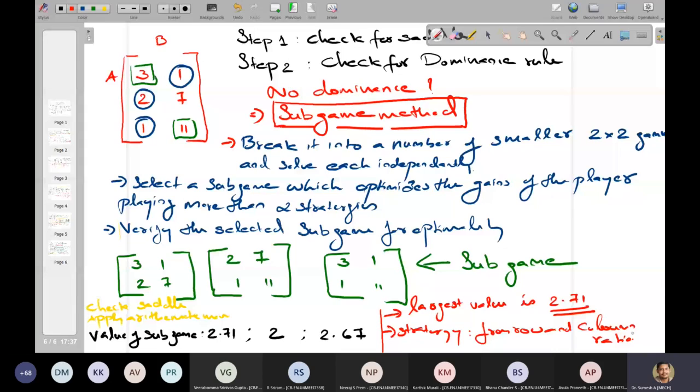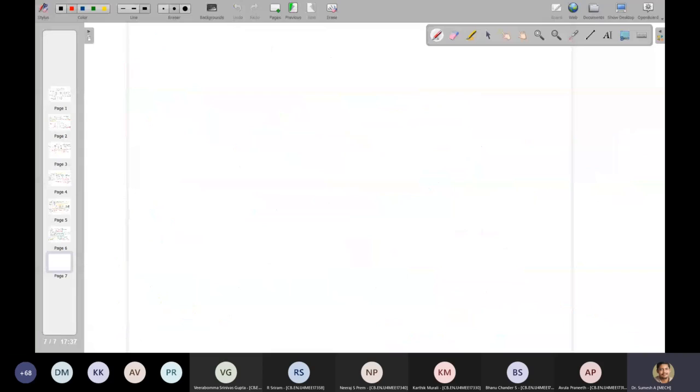So how will you check for the optimality? Checking optimality. I had my first row as 3x1 plus 2x2 plus x3.